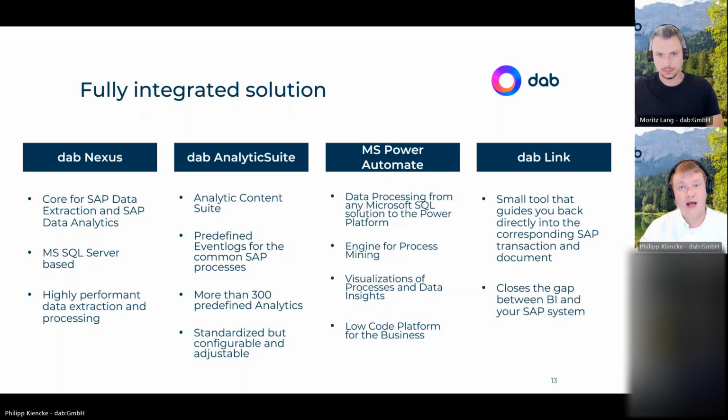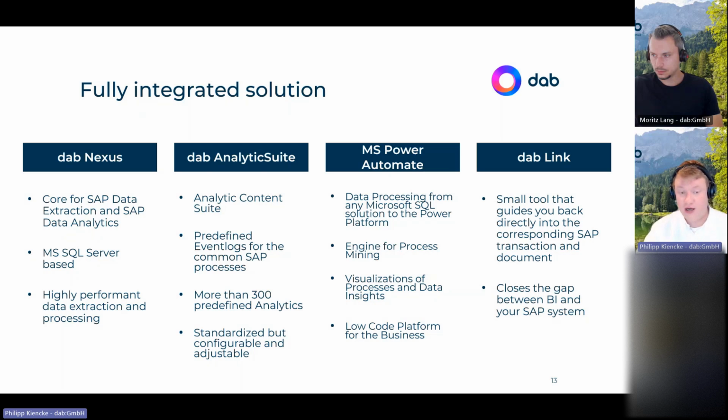So the tools we are offering are fully integrated into the Microsoft environment. So with DAB Nexus and DAB Analytics Suite on the one hand, and Microsoft Power Automate Platform on the other hand, we can build a solution which is not isolated and not an add-on tool on another platform.